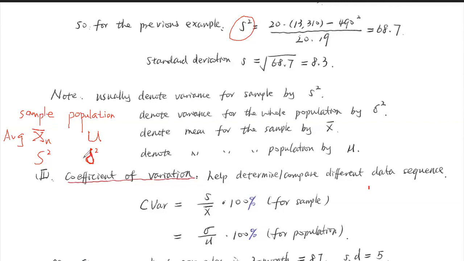Whenever we see sigma square, that is the population variance. Follow me? This is our first time talking about that. Next time we will come back to this concept at least twice, okay?